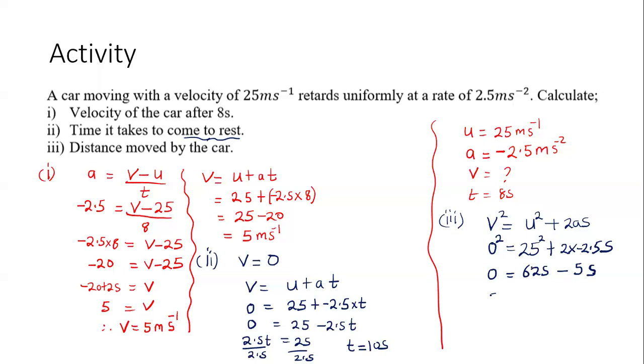We subtract 625 from both sides, and we divide by negative 5 on both sides. So you get 125 meters.